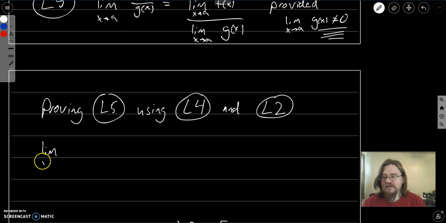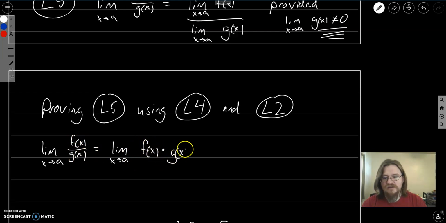So let's say that we want to find the limit as x approaches a of f of x divided by g of x. The first thing that I'm going to do is use some algebra. I'm not going to use a property of a limit yet. f of x divided by g of x is the same thing as f of x times g of x to the negative first power.